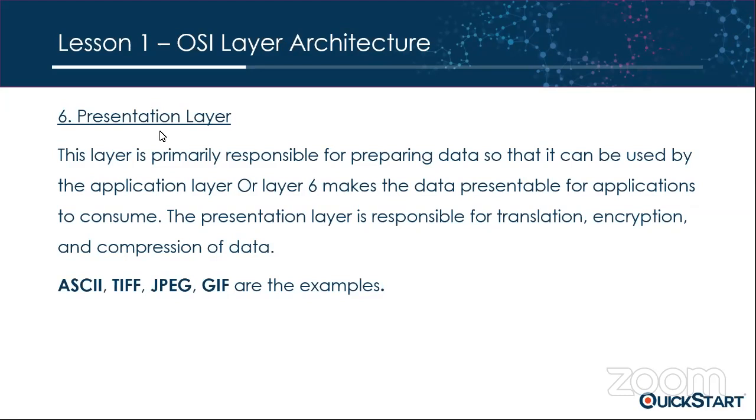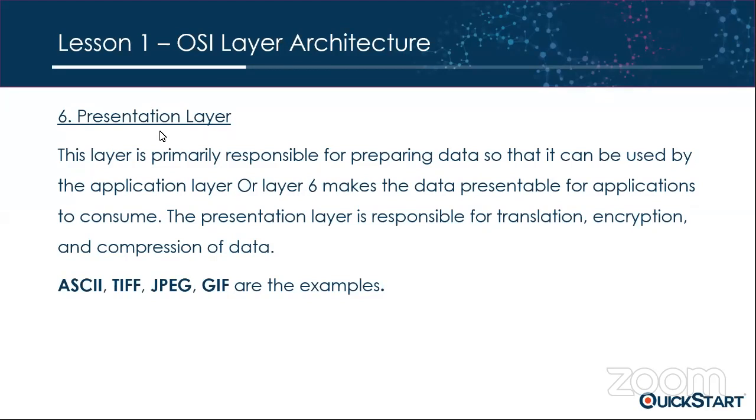Another thing the presentation layer does is compression. What compression is, basically, we don't know how the communication works at the network level, right? So it reduces the number of bits and sends it over the network.